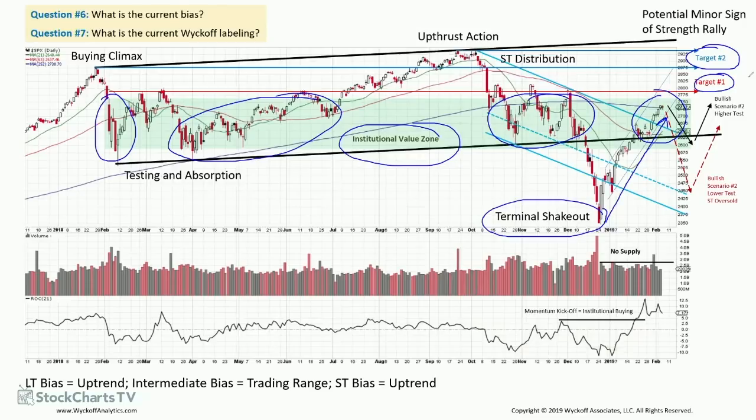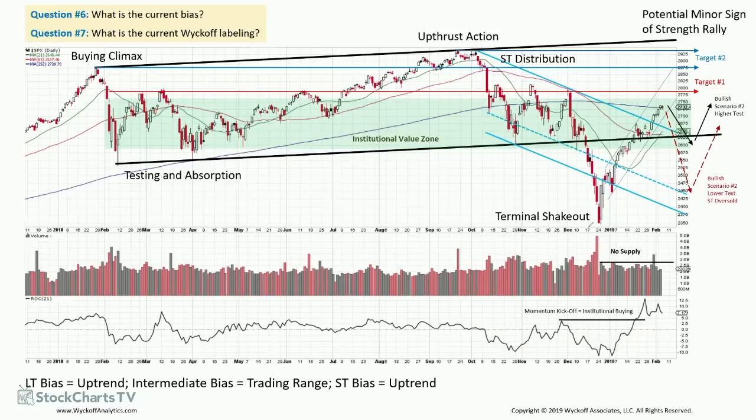But as always, the short-term moves produce a change in sentiment. So from extreme oversold condition, we're going to the overbought condition, and that suggests a reaction. We're bound to have the reaction, and the biggest thing is to understand what kind of reaction we're going to have. Are we going to have a more shallow reaction, which is still a bullish scenario with the higher test?